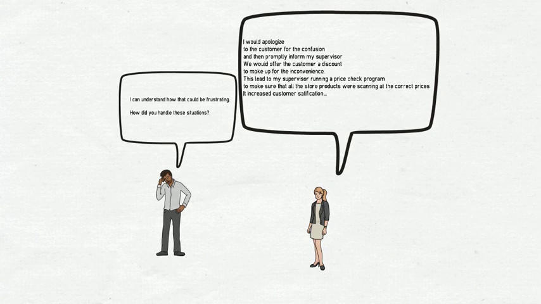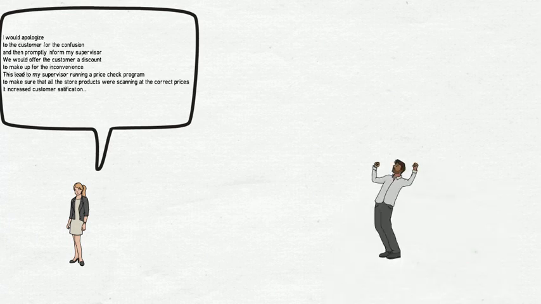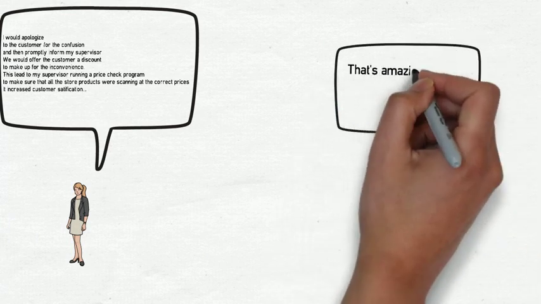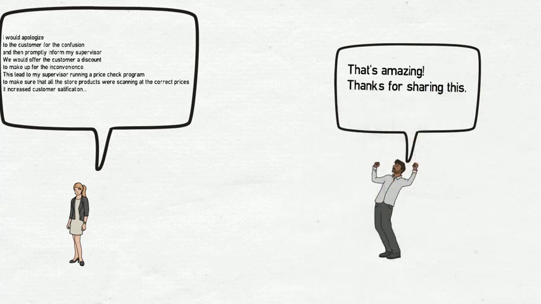This led to our supervisor running a price check program to make sure that all the store products scanned at the correct prices. It increased customer satisfaction and drastically dropped the amount of free products and discounts we had to give out over a year. That's amazing. Thanks for sharing this.